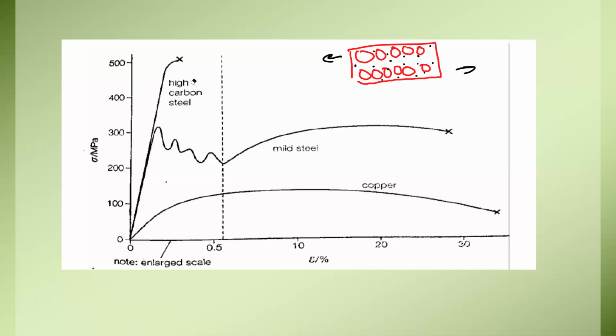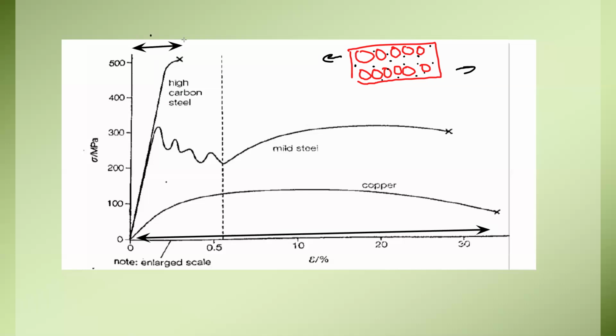is much more difficult to stretch. It does not show deformation, or shows a very small deformation, compared to a low carbon steel or a copper. If you compare the deformation, copper shows a greater deformation as compared to a high carbon steel.